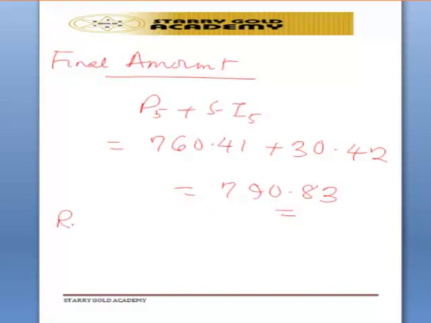But recall, original amount is equals to 650. So when I remove original amount from final amount, the balance is what we call compound interest. So compound interest is equals to final amount minus original amount.